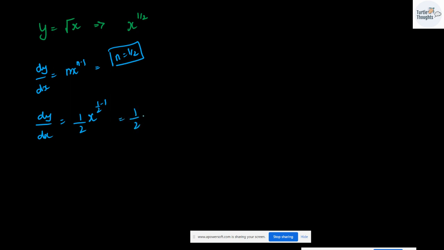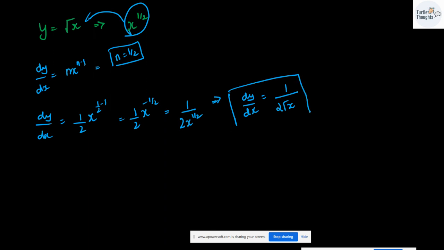This is going to be 1 over 2 x raised to the power minus 1 over 2. This can be written as 1 over 2 times x to the power 1 over 2 in the denominator, and x to the power 1 over 2 can be written as root x. So the answer dy by dx is going to be 1 over 2 root x when you have y is equal to root x.